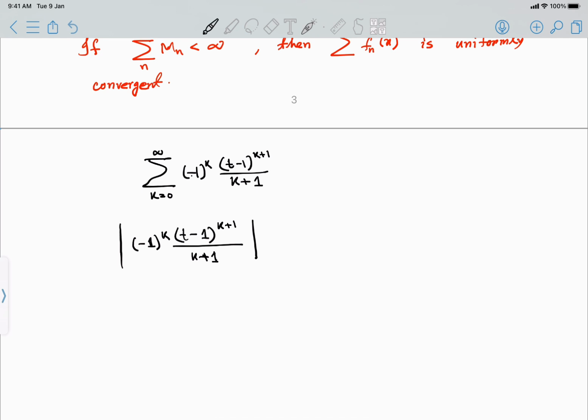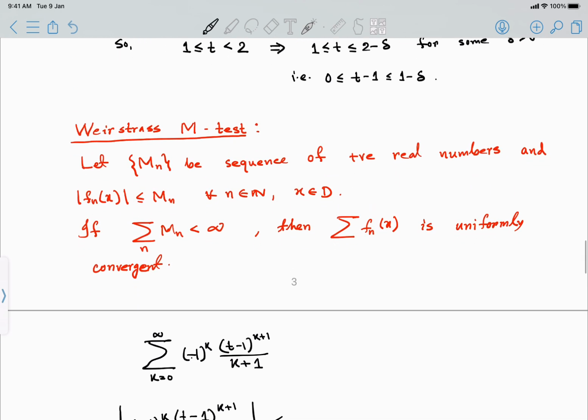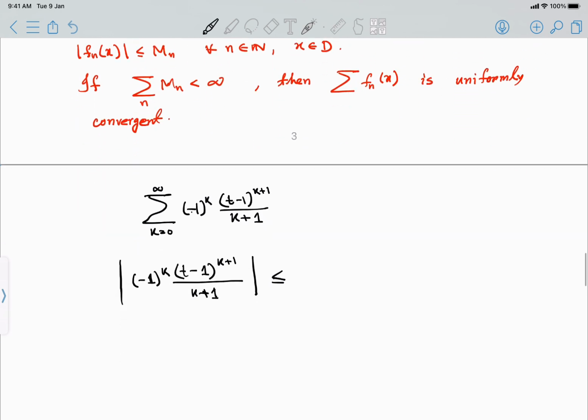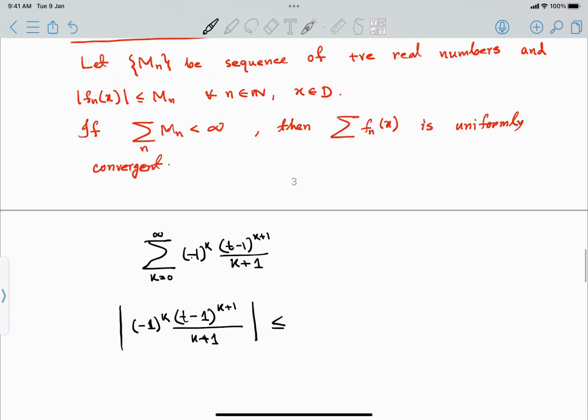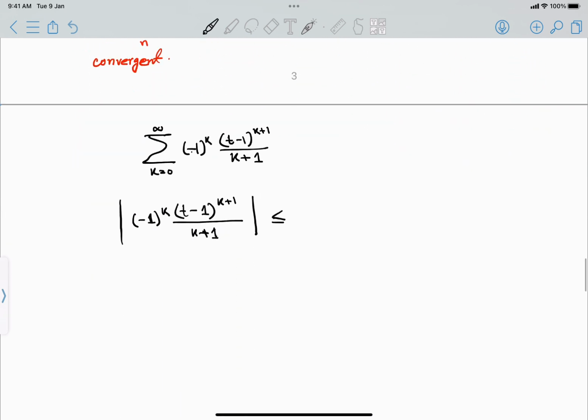Its modulus is less than, where t minus 1 is less than 1 minus delta, (1 minus delta) to the power k plus 1 by k plus 1.